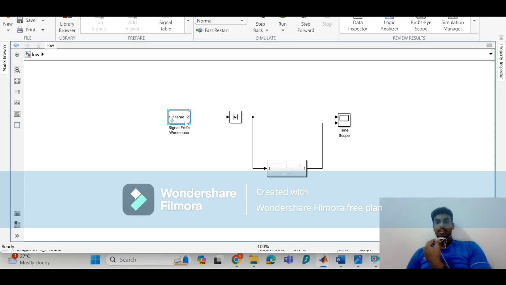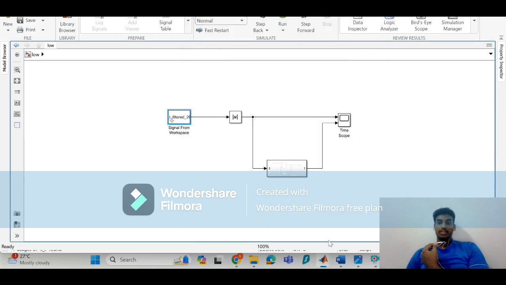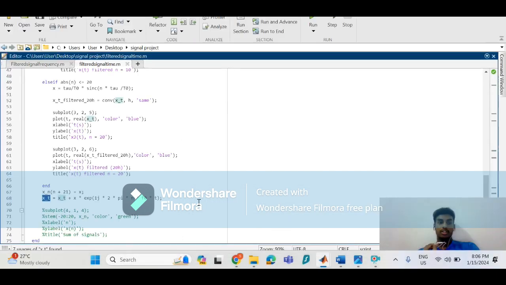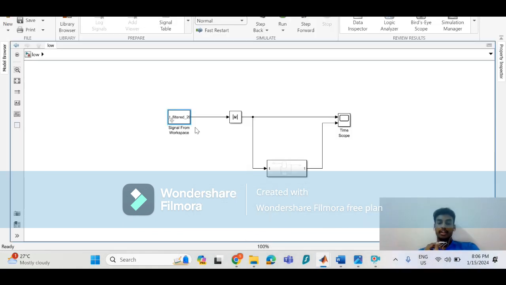So the value xt filter 20 harmonic is based on this value 20. For the time domain, this is the xt. Just highlight and paste it for 5, 10, 20. We just use it from there.